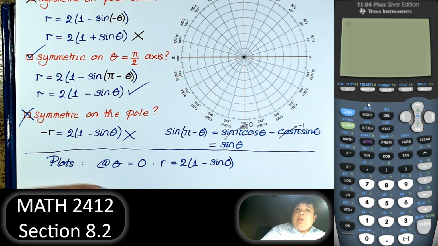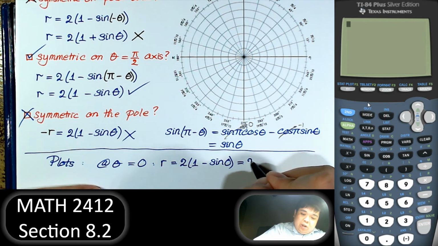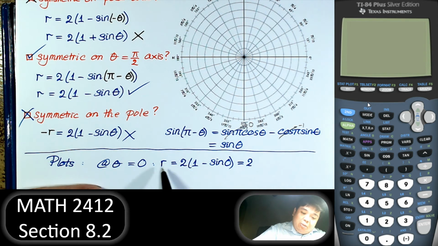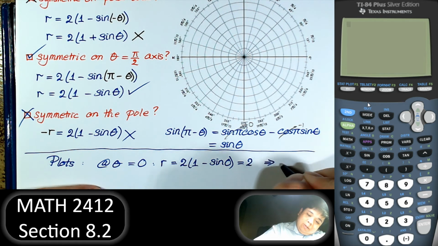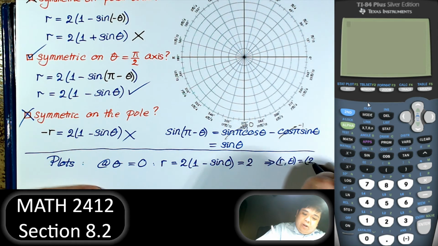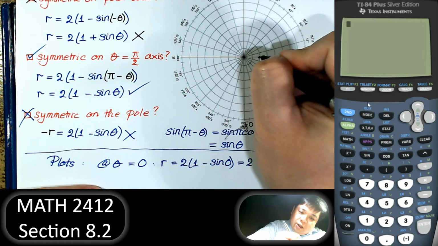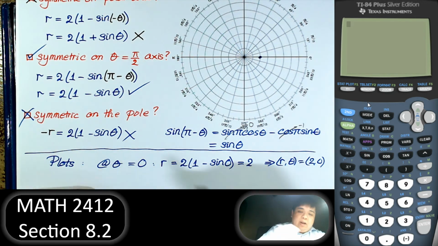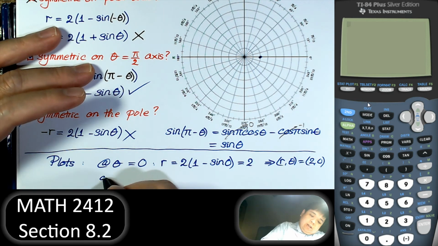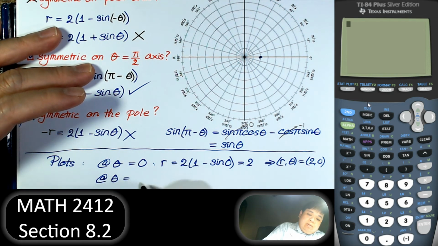Sine of 0 is 0. So this is 2. So for theta equal to 0, we have the point (r, theta) equal to (2, 0). Now choose another point, something that we can evaluate.